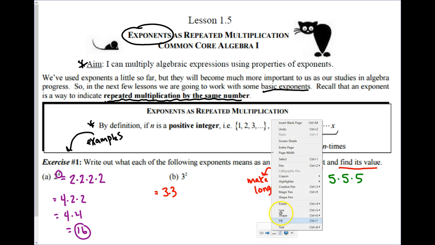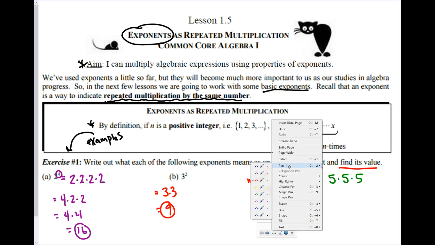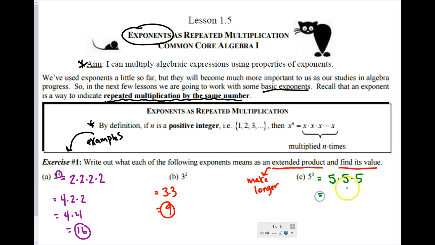How about letter B? Letter B says 3 times 3, easy, 9. And finally, letter C, 5 times 5 times 5, well, let's do this, the first two 5s is 25 times 5, and 25 times 5, if you put that in your calculator, or if you think of 25 5 times, you get 125. So this is what extending a product is.